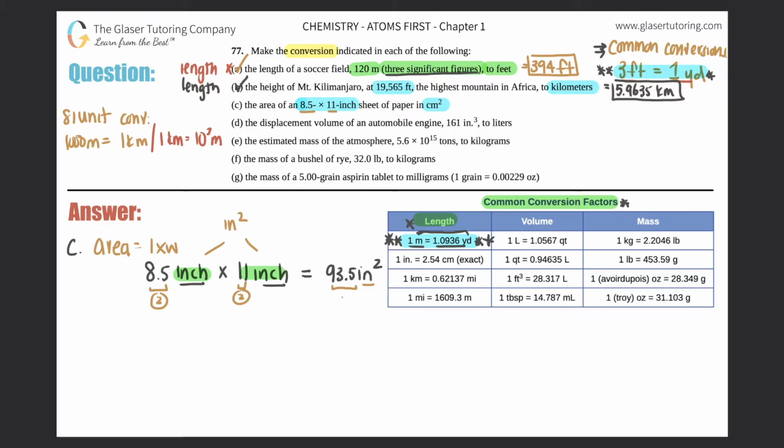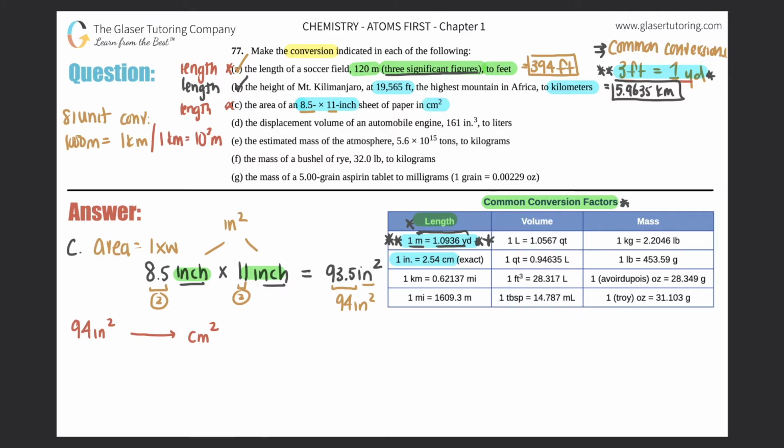So this would just turn into 94 inches squared. So now we have to turn 94 inches squared into centimeters squared. And this is a length. So we're still in the length land in our common conversion factor. And look here, 1 inch equals 2.54 centimeters exactly. So I can use that conversion.